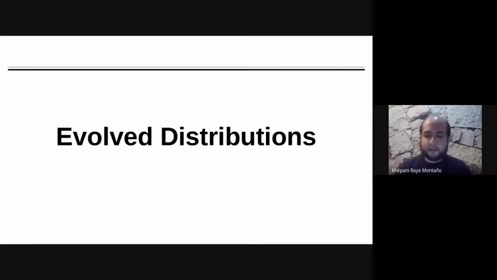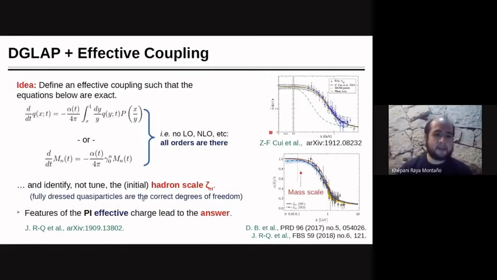Now let's talk about the evolution of the distributions. Our idea is to define an effective coupling such that these equations here are exact. The equations resemble the leading order DGLAP equations, but we want these equations to be exact at all orders.